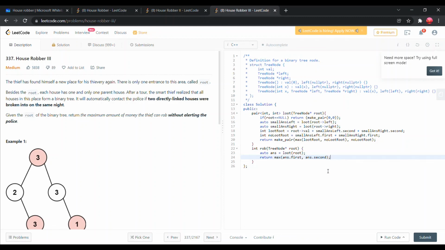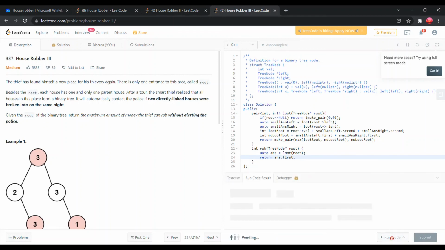Actually, do I need to take the max of that? I think I don't even need to take the max of that. I just need to take the answer first, because this is going to give me the max of that anyway, right? So let's just see.